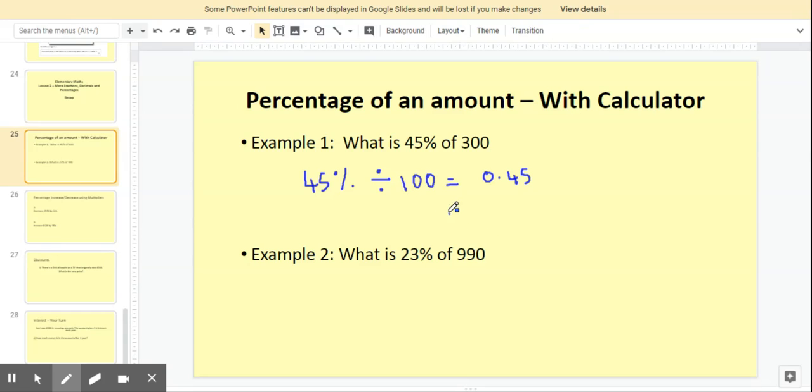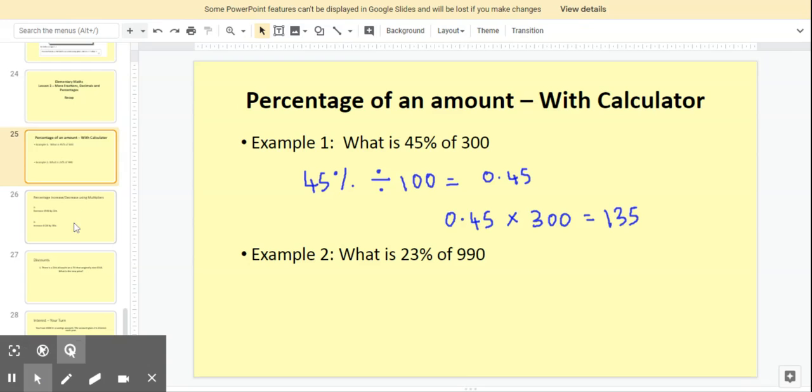And then we simply multiply the amount by the decimal, which in this case would give us 135. So to recap that, we change our percentage into a decimal by dividing by 100, and then we multiply the decimal by the amount. So that was if we wanted to find a percentage of an amount.